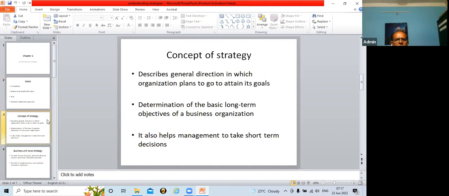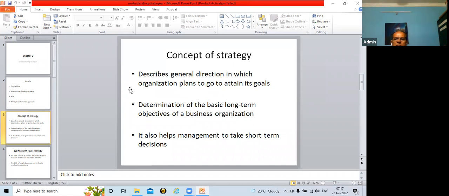Now we'll go to the next slide. What is the concept of strategy? Basically, this word strategy has come from the army field, the military field, because most of the time strategies are developed by army people.